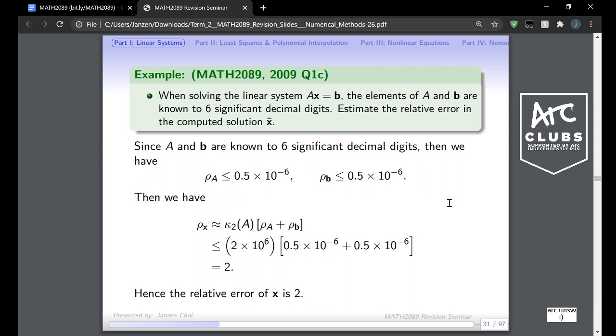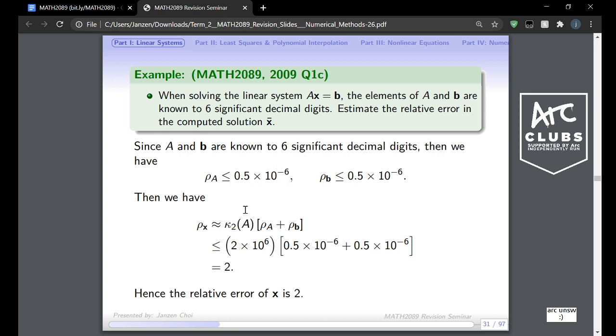Okay, cool. They want us to find the relative error in the computed solution of X. They give us that A and B are known to 6 significant figures. So we can say that the relative errors of A and B are less than or equal to 0.5 times 10 to the power minus 6.